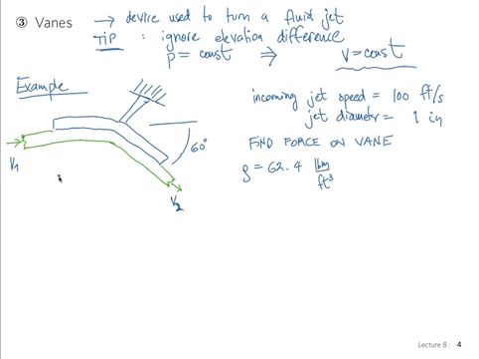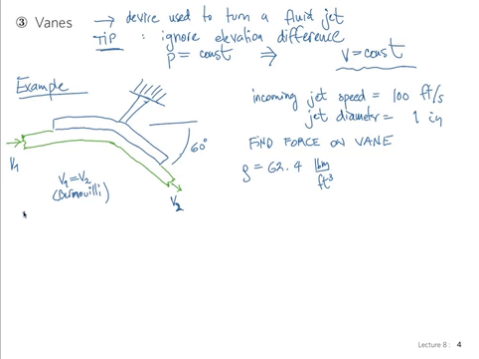This is immediate from neglecting the elevation differences. Pressure is atmospheric everywhere, so V1 equals V2.